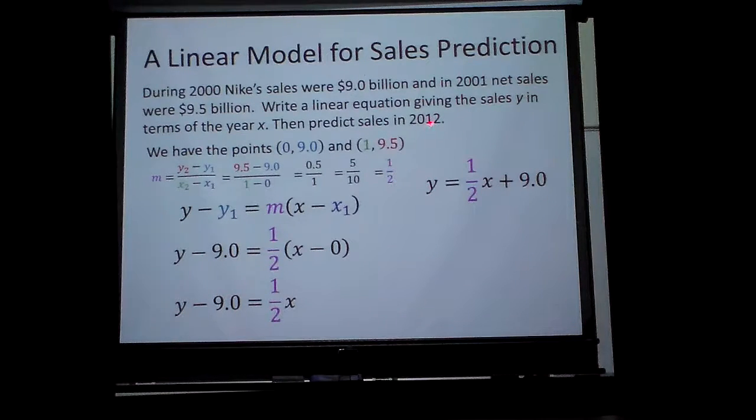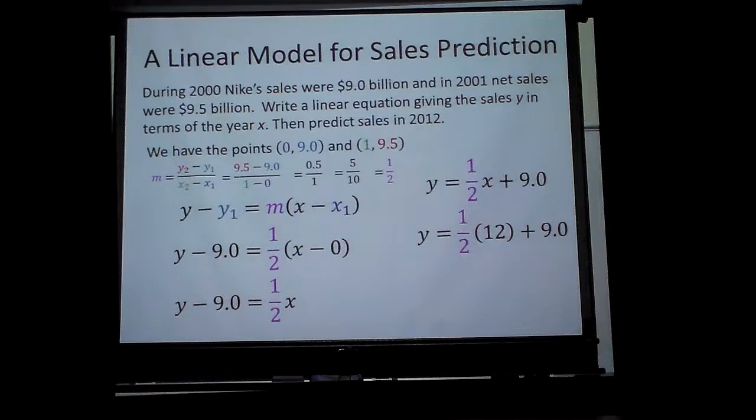So now I want to know what it's going to be in the year what? 2012? So I can plug it in. Now remember, we took those thousands away to make the math a little easier. So I take 1/2 times 12, which is what I said earlier, logically would tell me, well, I'm going up for 12 years. And how did I get that? Because I took 2012 minus 2000, since that's where that 12 comes from.